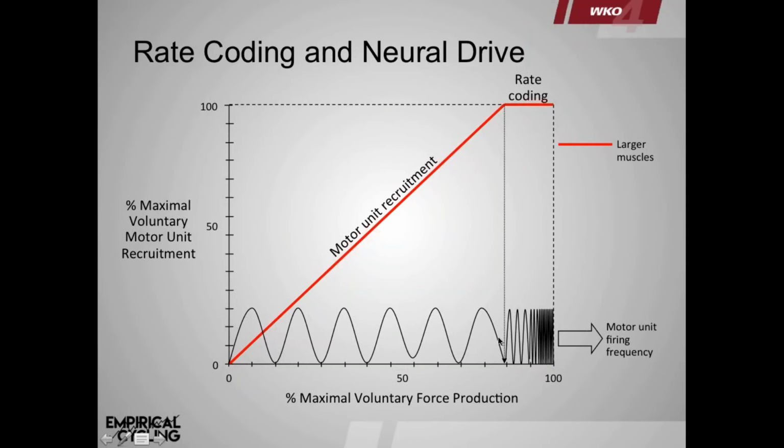And then once we get to a certain point, we actually have to start increasing the density of the signals. By increasing the firing frequency from our nerves to our muscles, this makes them contract harder. And it's the grand sum of all of these signals that is neural drive.